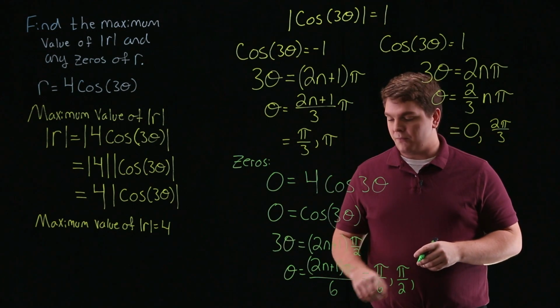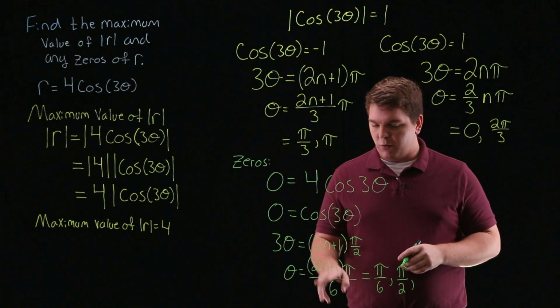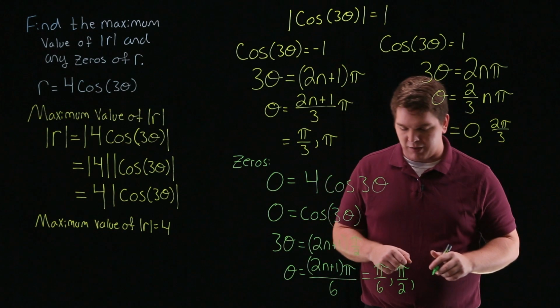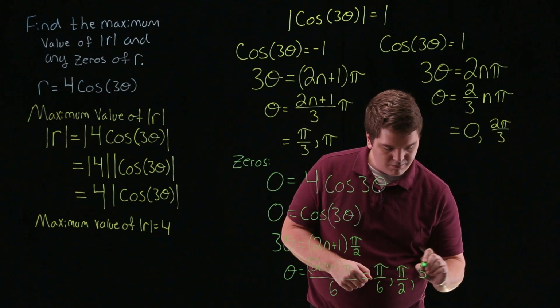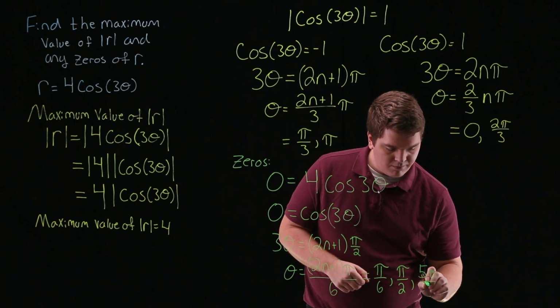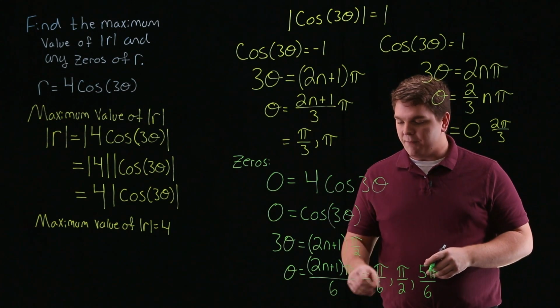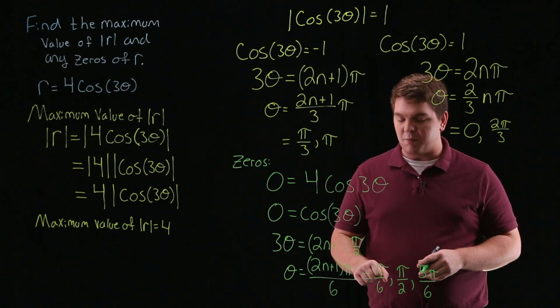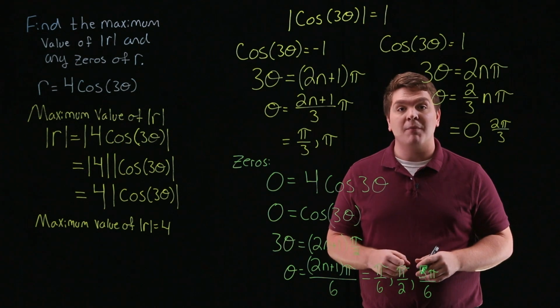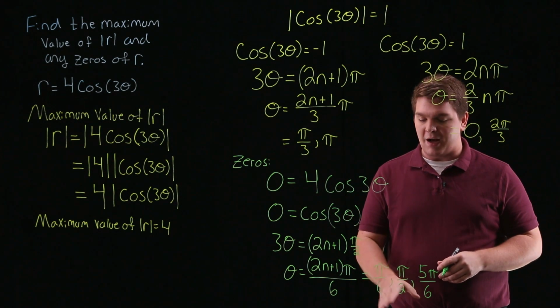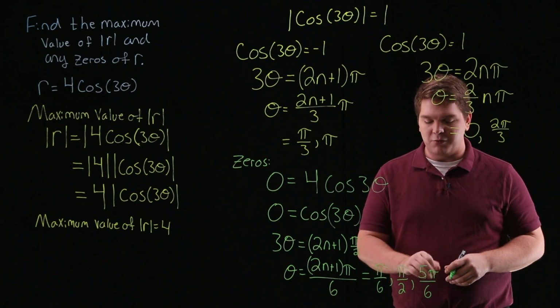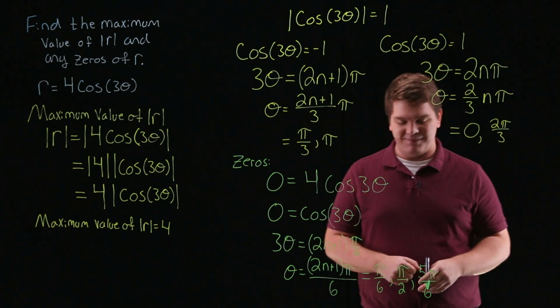If we substitute 2 in for n, we're going to have 5 pi divided by 6. And if we were to substitute in 3, we would end up with 7 pi divided by 6, which is larger than pi. So the zeros on the interval from 0 to pi are pi over 6, pi over 2, and 5 pi divided by 6.